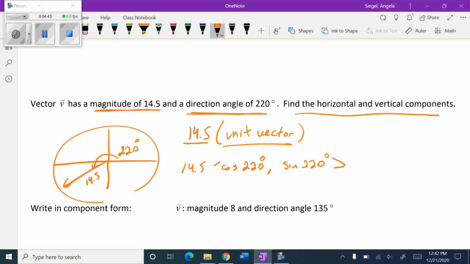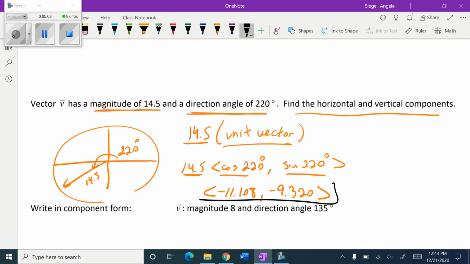I'm doing coordinates, so it's going to look like that. Then I'm going to find each of these and multiply them by 14.5. Go ahead and do that. Okay, you should end up with this as your final answer.